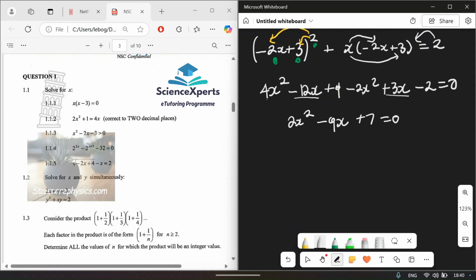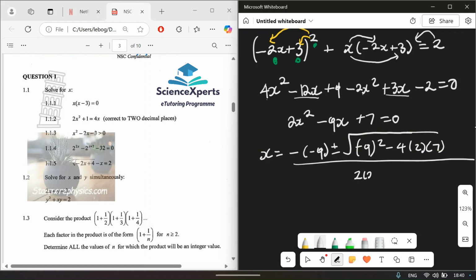Then we can factorize this, or use the quadratic formula. The best way is to use the quadratic formula when it's like this, né? So x will be equal to negative into negative 9 plus or minus the square root of negative 9 squared minus 4 into 2 into 7, all over 2 into 2.